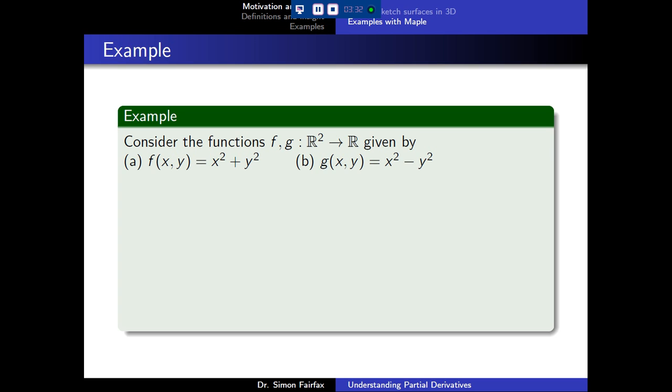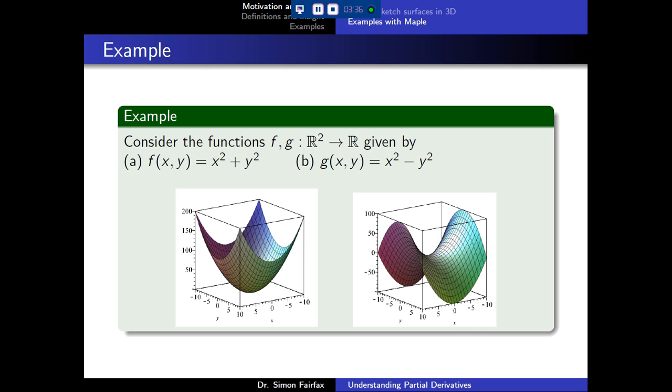Okay, so it's a bit harder to draw, so we can use Maple. If we go to Maple and we use the plot3d command, so we do plot3d, type your function, so on the left, x squared plus y squared, and hit enter. We get that surface. And similarly, if you plot3d x squared minus y squared, hit enter, you get the surface on the right.